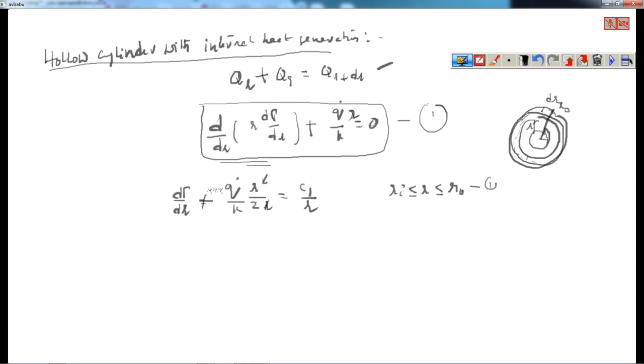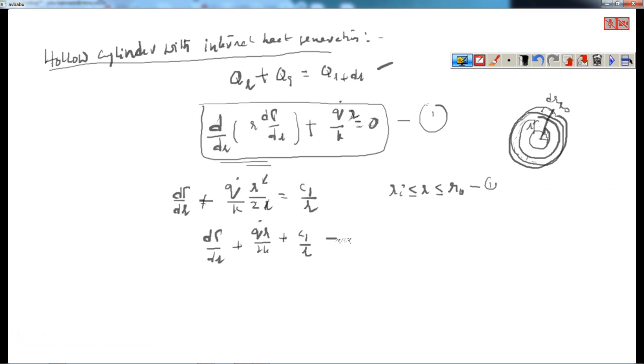Now this equation is dt by dr is equal to minus q dot r by 2k plus c1 by r.